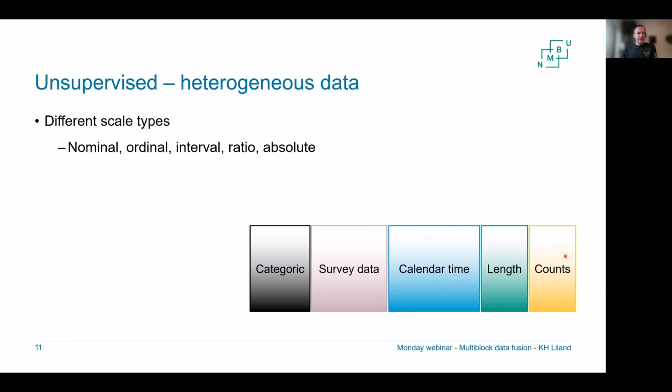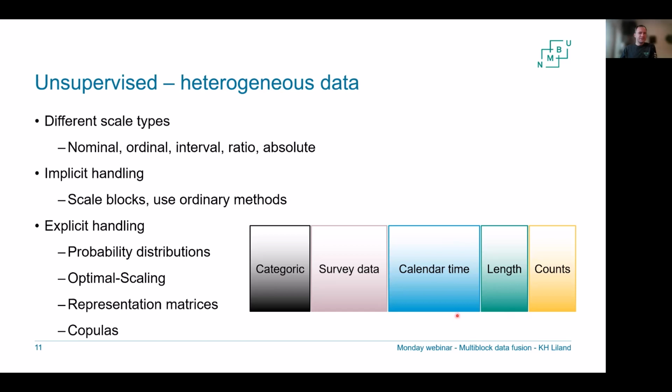And all of these have quite different properties. If you want to do statistics on these, you would have different methods that would be allowed, and different transformations that are allowed to do. So if we disregard that, we could do just implicit handling of these types of data. Just scale all the blocks to whichever scale we feel comfortable about, and then use our ordinary methods. This will work to some extent, but we are losing a lot of this special information or special type that we have in these different scales.